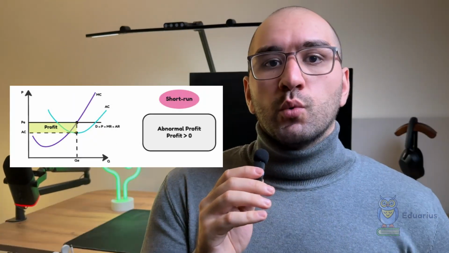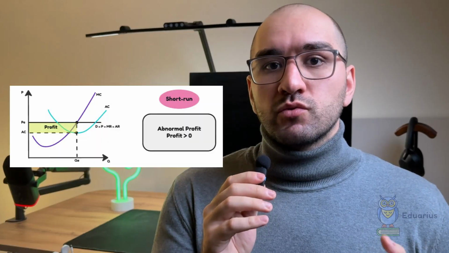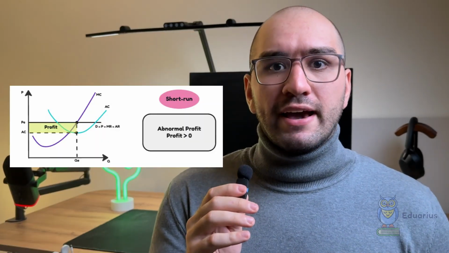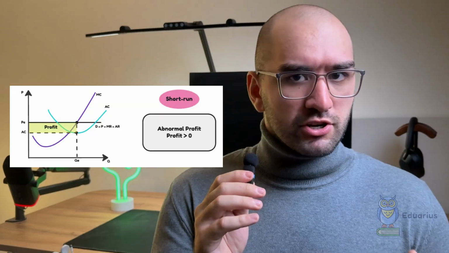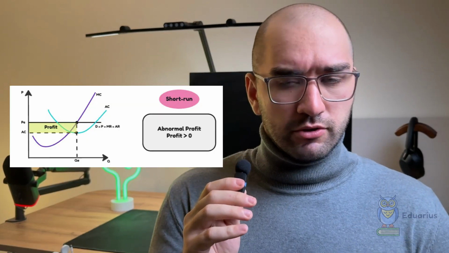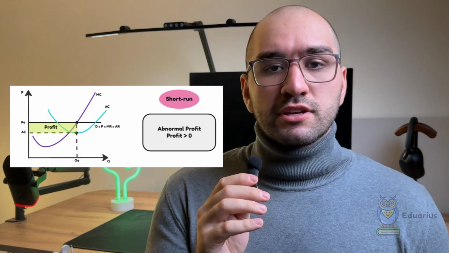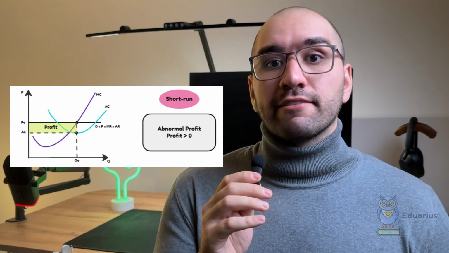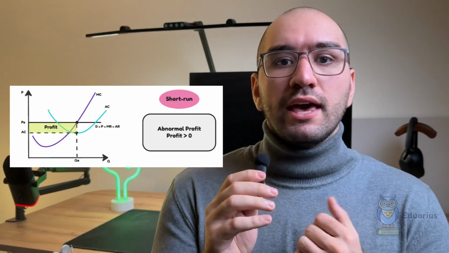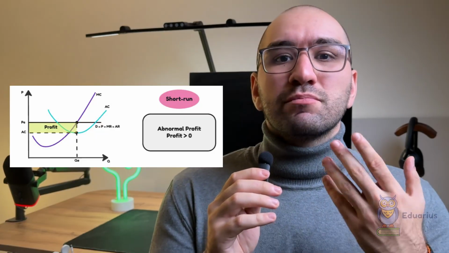On the first graph, we see an abnormal profit graph in the short run. Firstly, we find the point of intersection of marginal costs and marginal revenue. Then we go down to the minimum point of average costs and then go left and see that the whole green area is the profit for the firm.